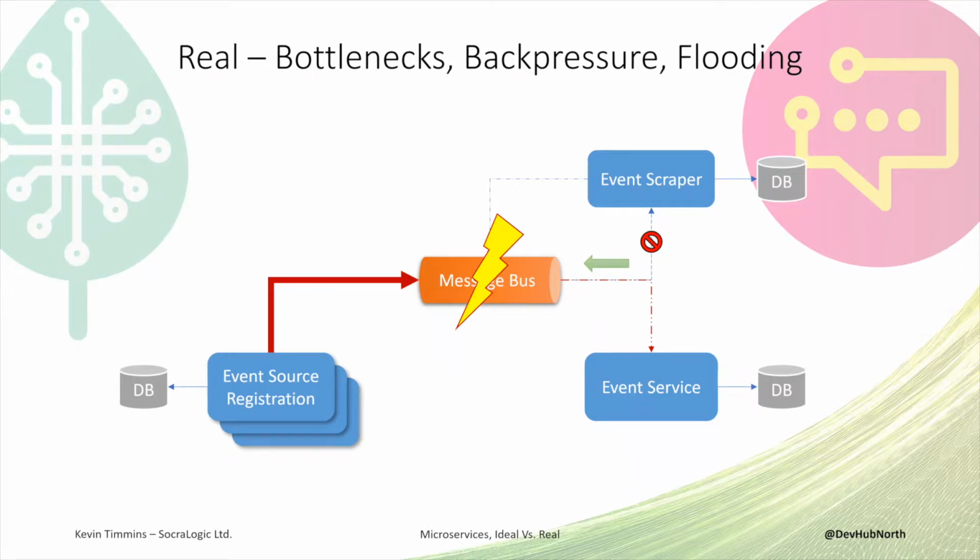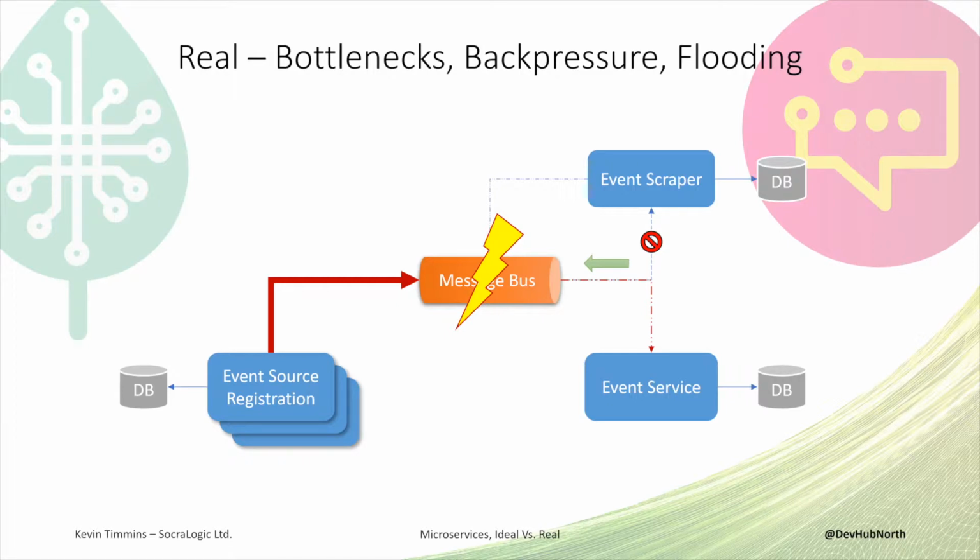So in this example, we've got a series of event source registration services, all feeding thousands and thousands of messages into this message bus. Maybe it's just some JSON or something like that, but it's putting a load of data into this message bus, separate events. And then those messages are being picked up by both the event scraper and the event service.